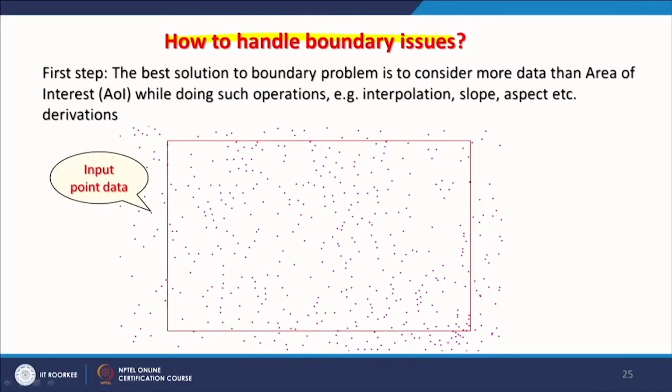So, whenever this situation comes and my area of interest is, say in this example, shown as a rectangle, what I need to do is always take points which go even beyond my area of interest. The advantage is that if I take only points falling within my area of interest, then in the border areas the interpolation techniques will do extrapolation, and extrapolation can produce a lot of errors.